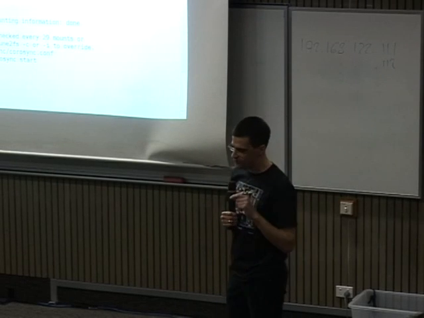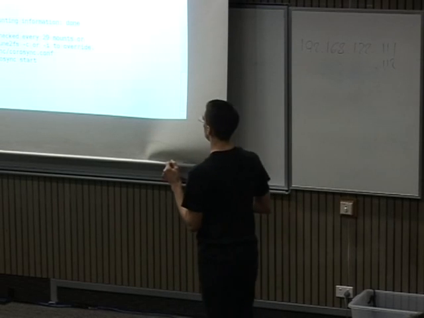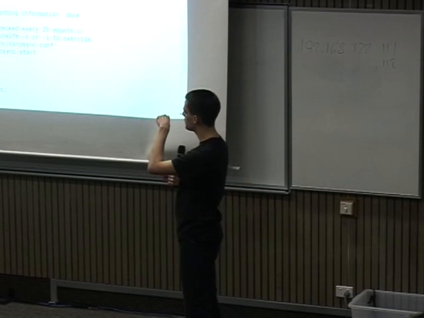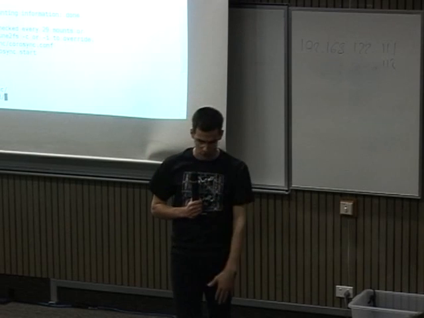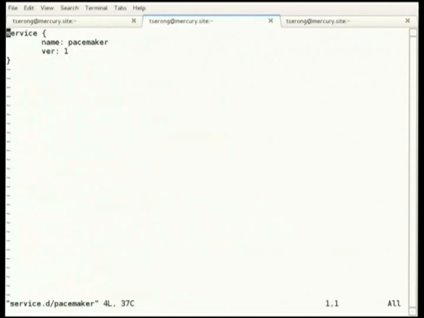We configure Corosync to use this new method of Pacemaker integration by the corosync service.d pacemaker service definition file. It's right here, yes. And if the service is just pacemaker, the service name, and if we use version 1, that means that we're configuring the Corosync part of the infrastructure to use the Pacemaker MCP.